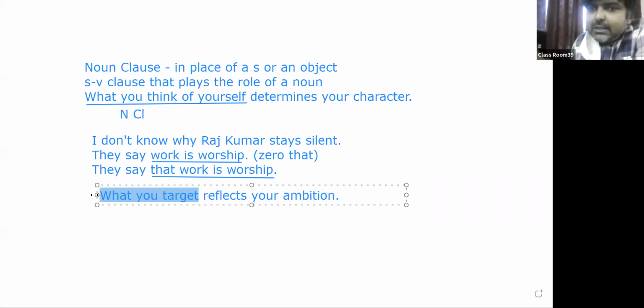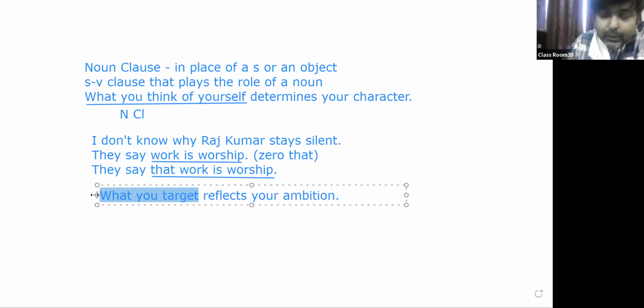ऐसे एग्जाम्पल्स ही नाउन का रोल प्ले कर रहे हैं, and therefore they are playing the role of a noun clause. The only difference between a noun phrase and a noun clause is here you will find a combination of a subject and verb in a noun clause, while in a noun phrase you will find that the head of that particular phrase is a noun.